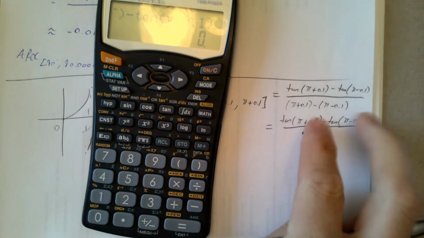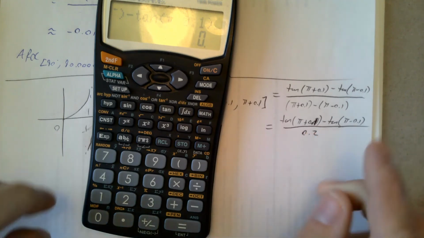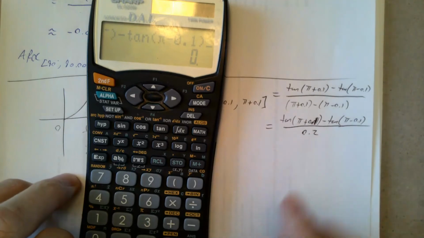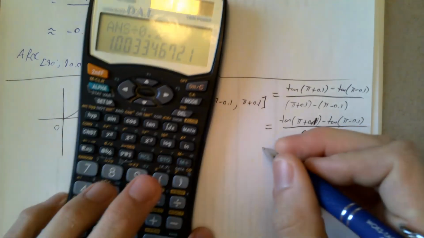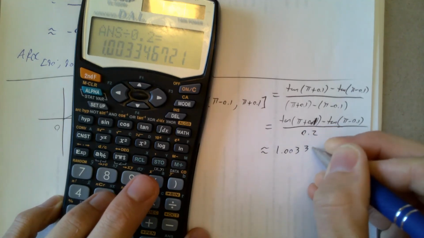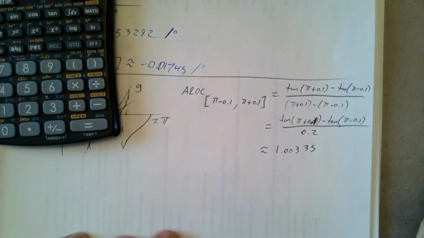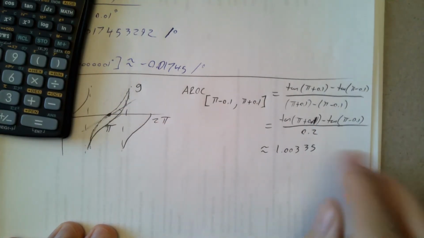It's not going to be precise enough for us, especially if we start subtracting 1/100th or 1/1000th from 3.14. We're going to be way off. Equals divided by 0.2. I get about 1.00335-ish. Again, a unitless ratio. A unitless ratio divided by a unitless ratio is a unitless ratio.